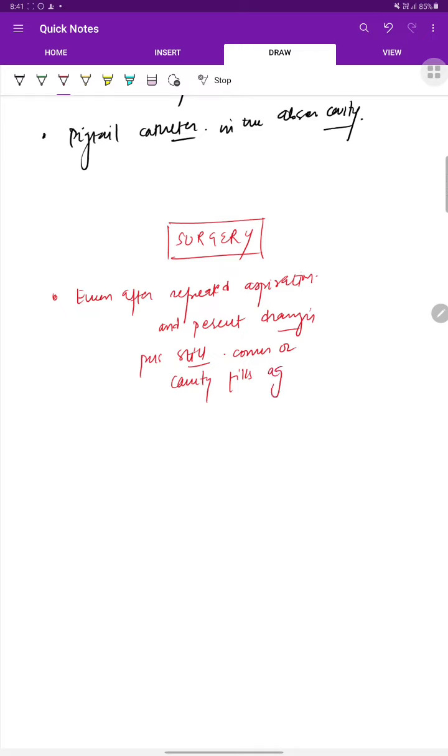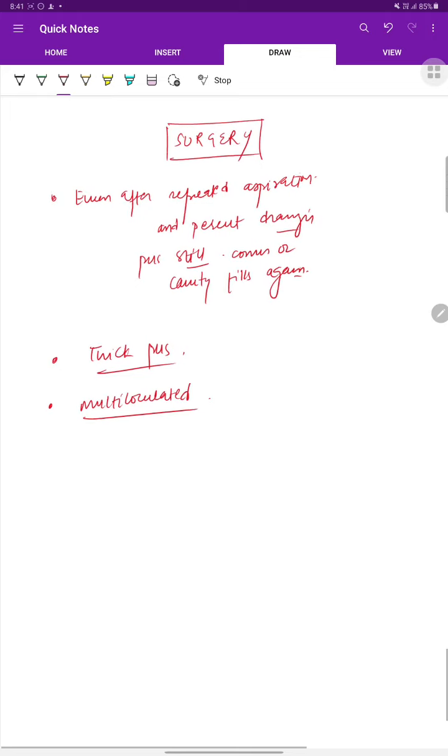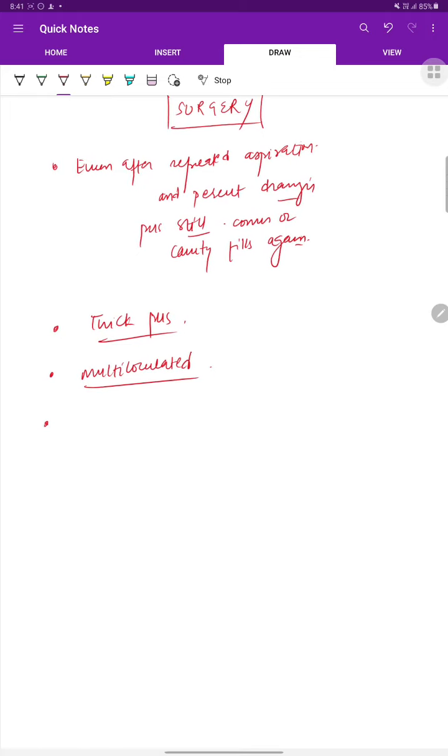It may happen. The pus is thick, not coming out through aspiration, not coming through pigtail. If the pus is multiloculated, multiple locules are there, more than two or three. Okay, and if the left lobe of the liver is involved.